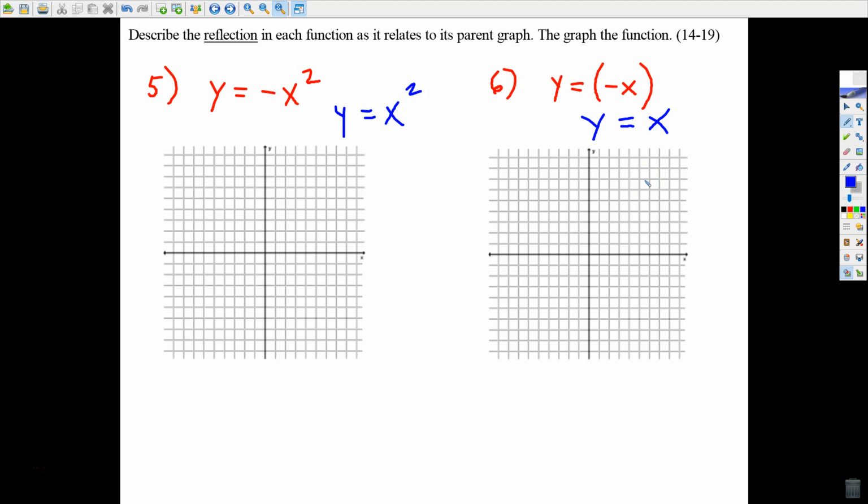If the minus is inside, then we're essentially reflecting over the y, which does the same thing as reflecting over x. So really it turns our original parent the other way. I'll let you connect those dots. Write this down. This is reflected over x, and this is over y.